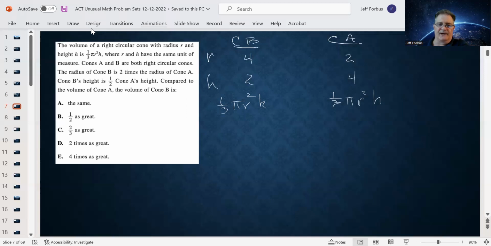For cone B, the radius is 4 and the height is 2. Same thing over here for cone A: the radius is 2 and the height is 4.